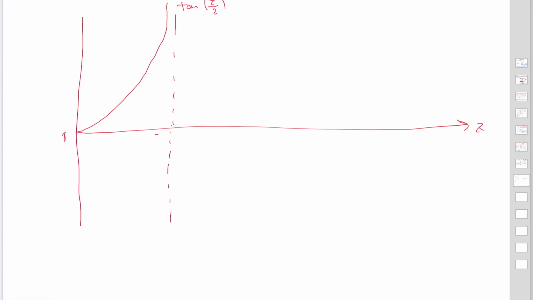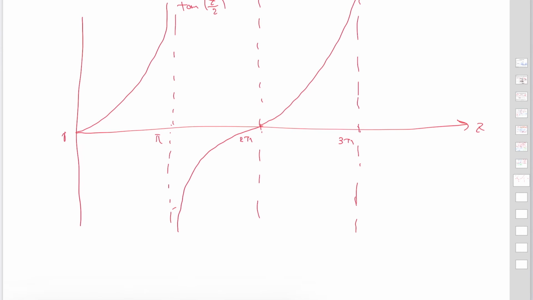And this is π, and 2π, 3π. So the tangent is expressed like this. This is the tangent function.